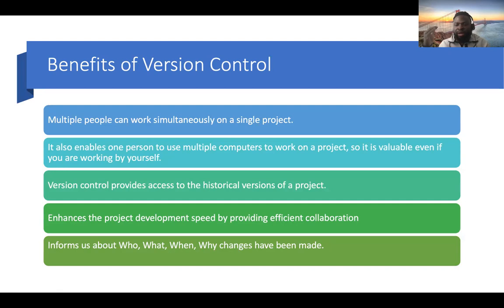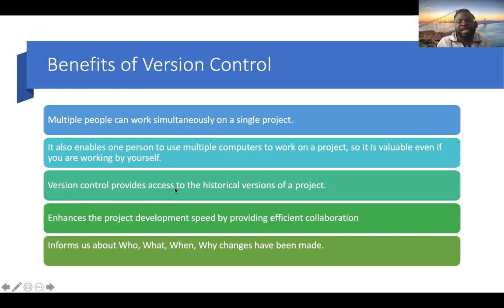So you can log in on any computer. It doesn't have to be your computer, and just clone it. We call it git clone. Just clone the repository. Then it's like you're downloading a copy of the main code into your local computer. You can make changes, then put it back there. It doesn't matter.